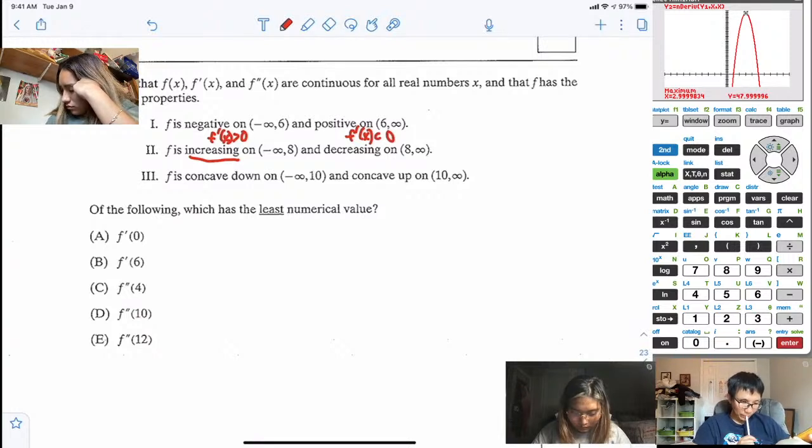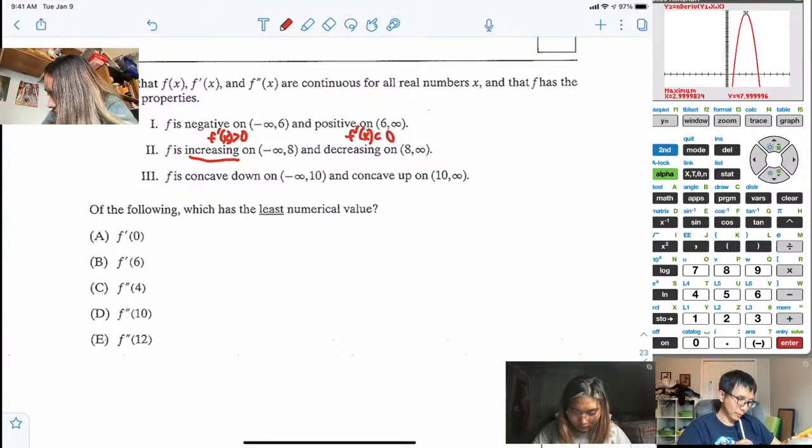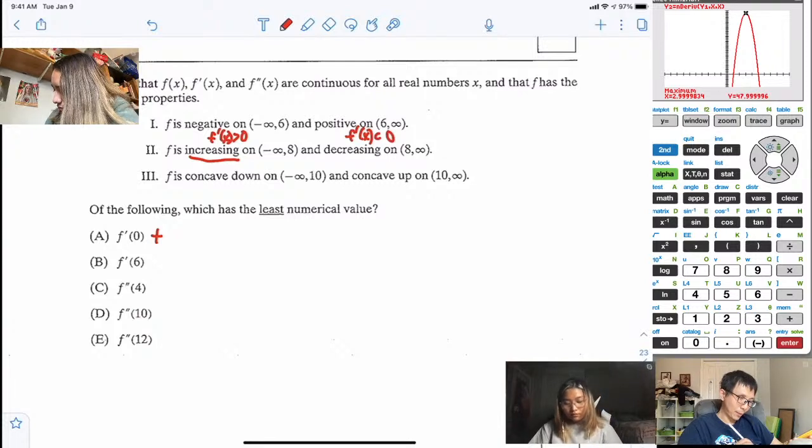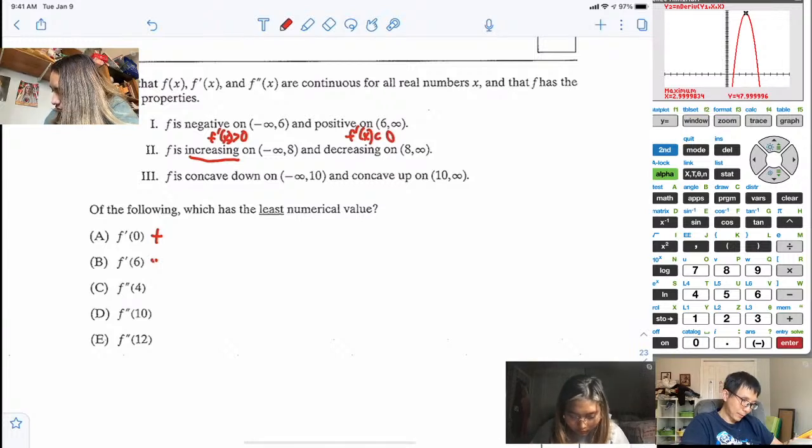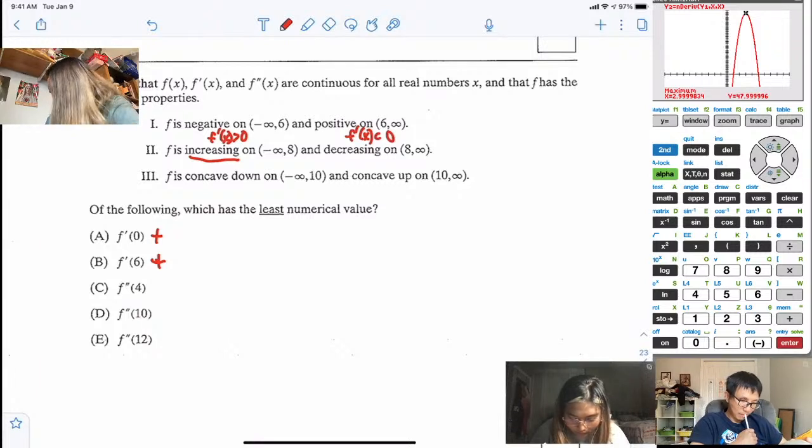Oh yeah, we do. So is f prime of 0 positive or negative? It's positive, because negative infinity to 8 is increasing. f prime of 6 is also positive. They both are positive.